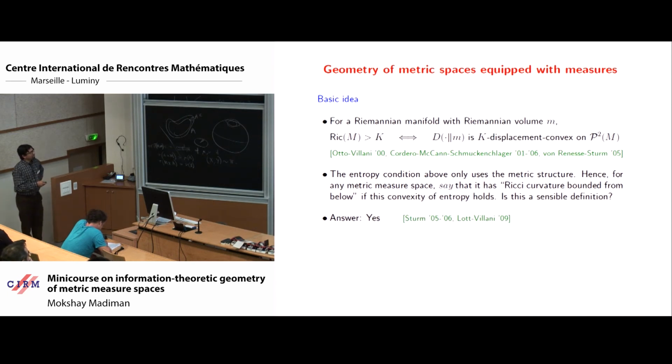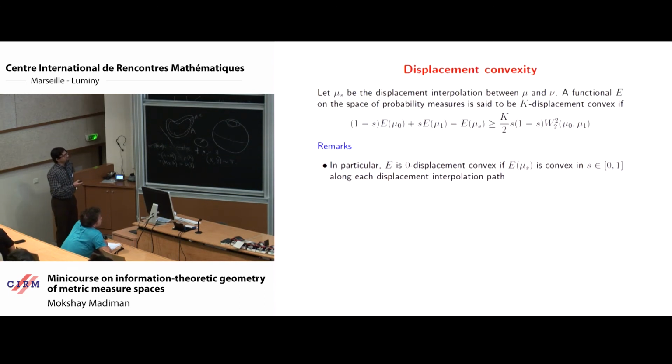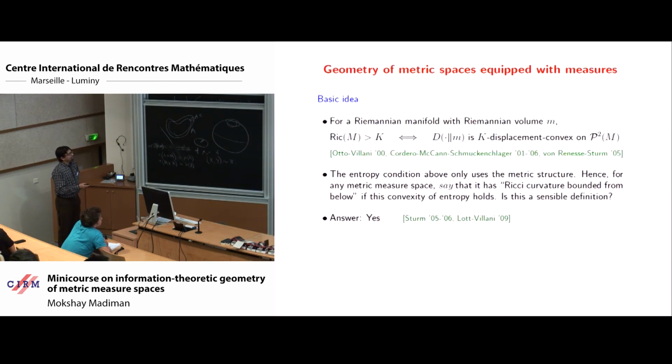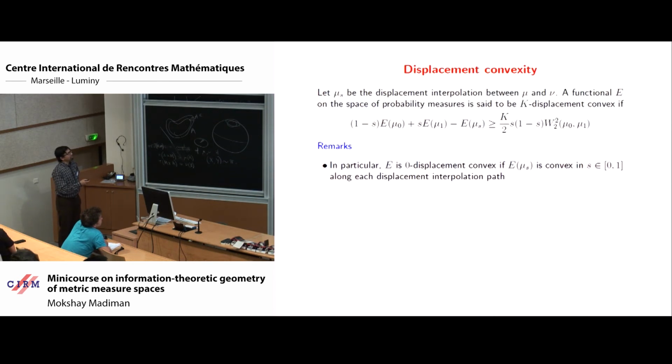But the thing to note here is that this entropy condition above, which is equivalent to a lower bound on the Ricci curvature in a geometric setting, uses only the metric structure, because if you look at the definition of displacement convexity, the only thing that I used was the notion of relative entropy, which does not care about the metric, it just cares about the sigma fields.